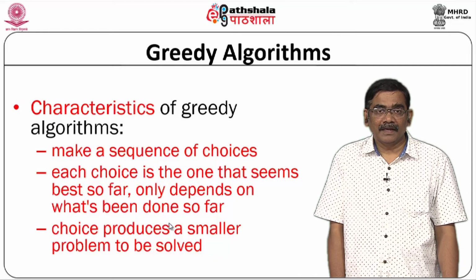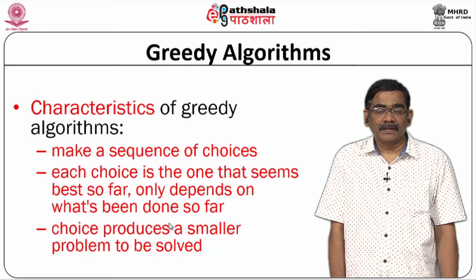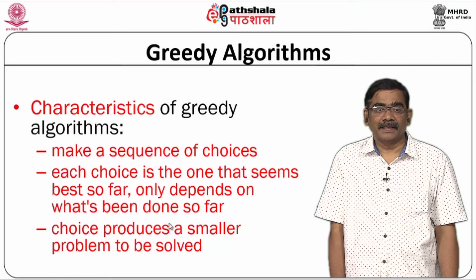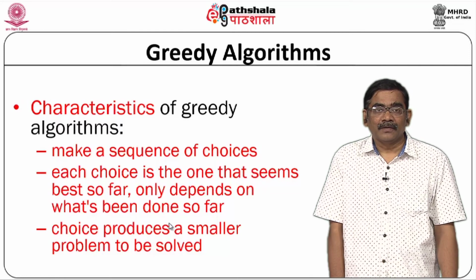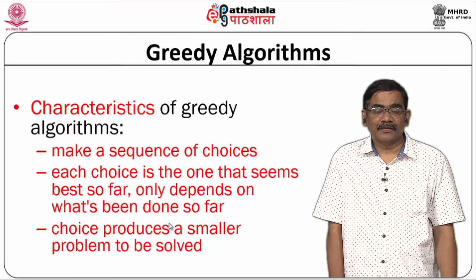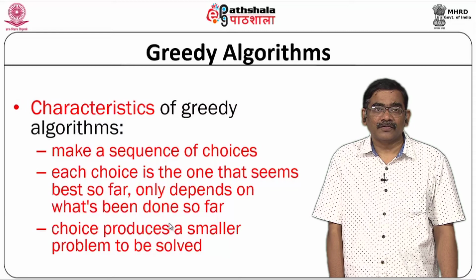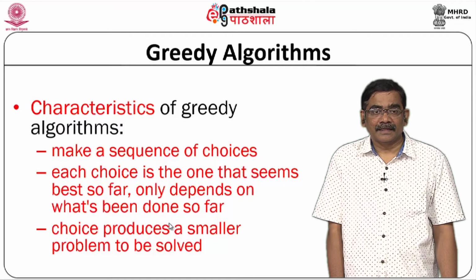Like a greedy man, what we are trying to do is, given a set of solution choices, we are going for the maximum choice that benefits me. In other words, we are going for some sort of greedy choice which looks good as of now, instead of bothering about any other considerations.